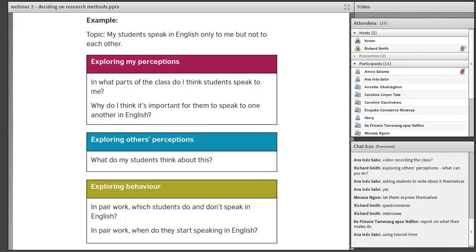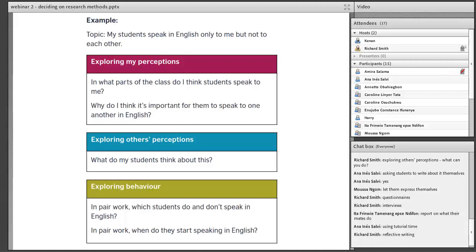Sure, if you have the time, you can use tutorial time, but we don't want to have too much extra burden. So, apart from questionnaires, I just mentioned reflective writing, and this means you maybe ask a question to the whole class. You don't have to prepare a questionnaire.